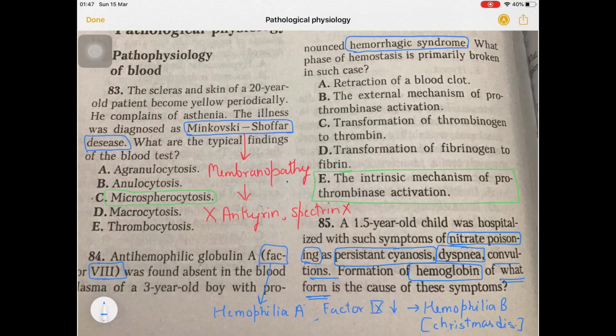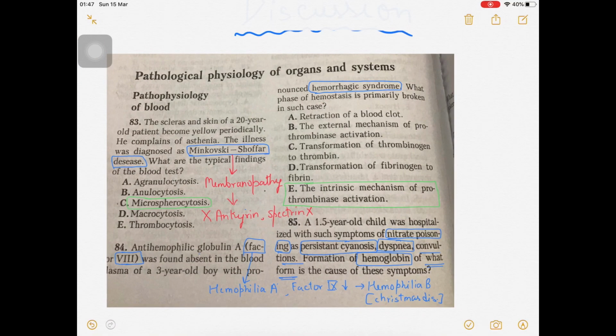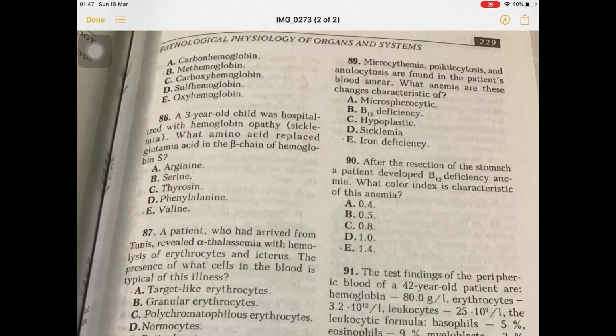We already know nitrate poisoning will actually lead to the formation of which kind of hemoglobin? That is methemoglobin, right? So what can be the answer over here? That will be methemoglobin.